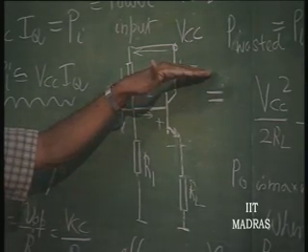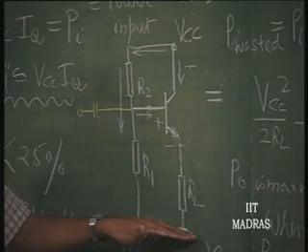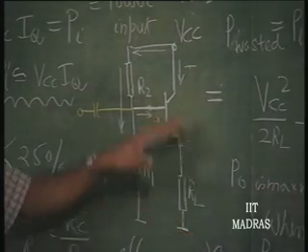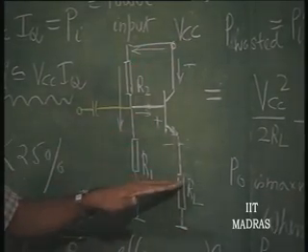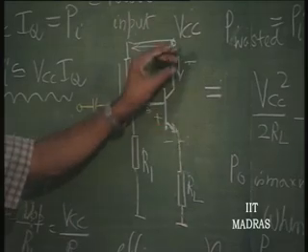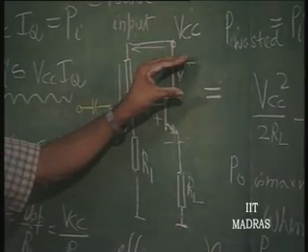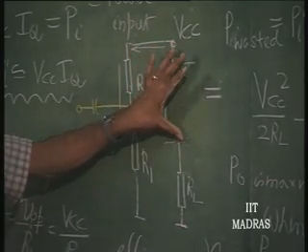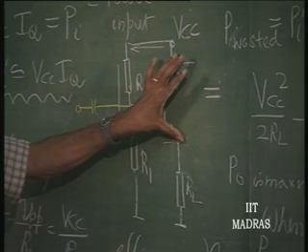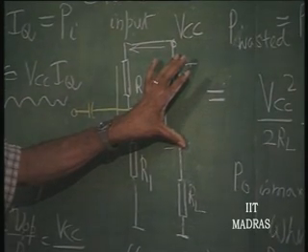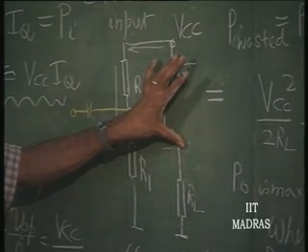When the voltage here increases, the current decreases. When the voltage decreases, current increases. So, the maximum power under the quiescent situation is VCC squared divided by 4 RL.